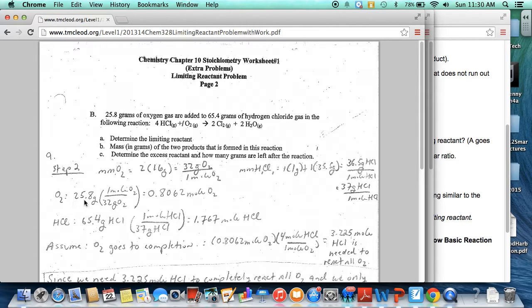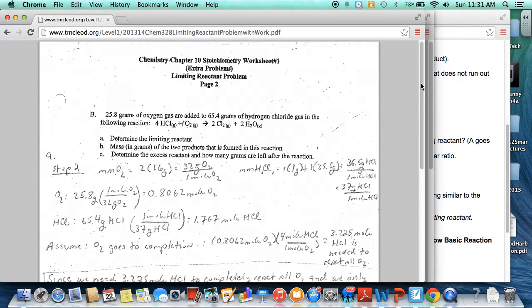So of course, we're going to change the grams of oxygen into moles of oxygen using a molar mass calculation. And same thing with grams of HCl into moles of HCl. Okay, that's what those two numbers are. And above is the information that you need, the molar mass calculations. Now the question is, which one's going to run out first?